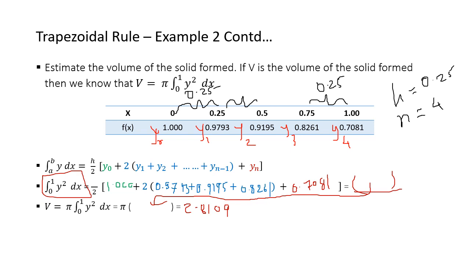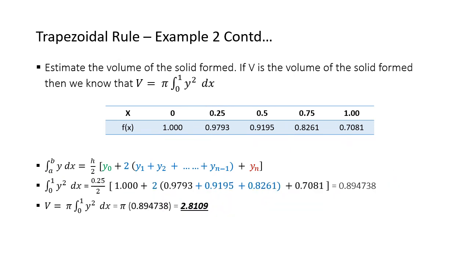And that term here is 0.8 something, so you calculate it on the calculator and finally you should get the result. This is the same problem as on the previous slide, just for reference.